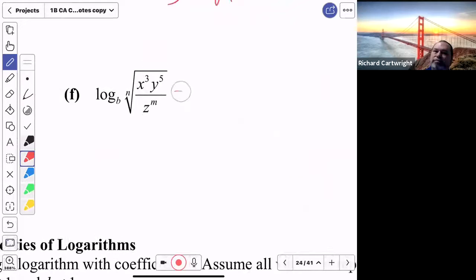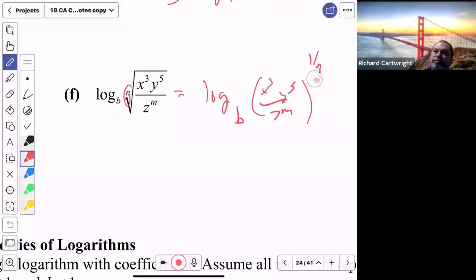Okay, first thing. Log base b of something to the 1 over n power. That's what that means. And I have an x cubed, y to the 5, z to the m. Get rid of this power up here. Put that in out here in the side.